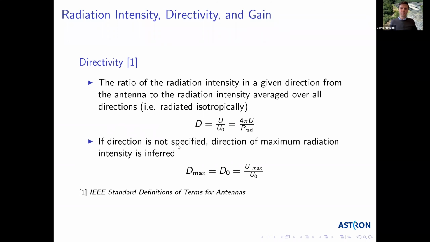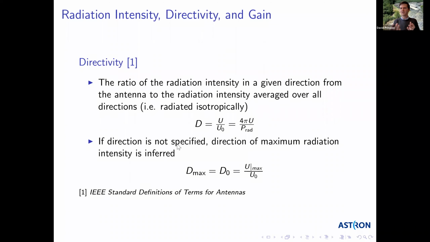And this is exactly where we use it now, in this definition of directivity. So directivity, this is the IEEE definition, and this is the only way that you could really explain it, so I have to show it this way. It is the ratio of the radiation intensity in a given direction from the antenna to the radiation intensity averaged over all directions.